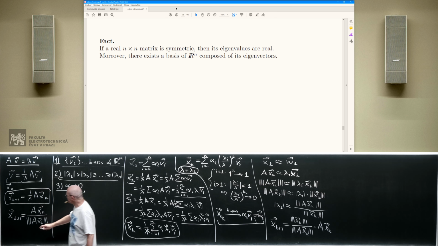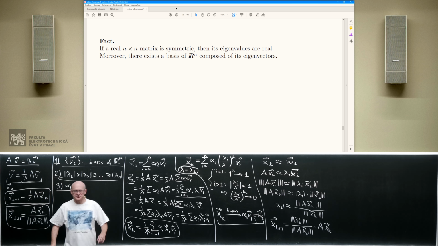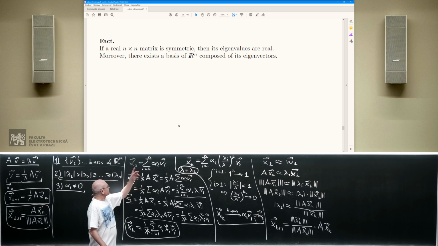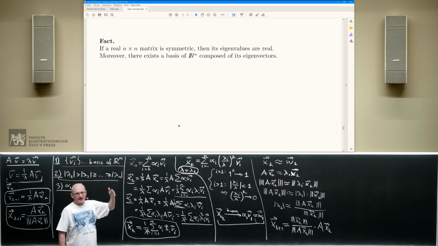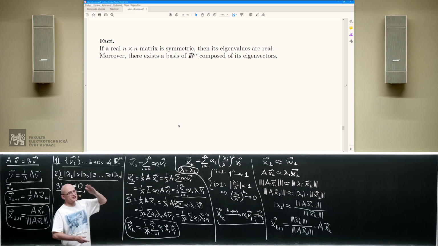Good question is, I can use this formula if the vector xk has norm 1. Can I do it? Well, let's see. With the vector x0, the initial vector, I choose it randomly, let's say, but then I can always divide it by its norm, and then I get a new vector in the same direction but with norm 1. So we so-called normalize it. So this is no problem.